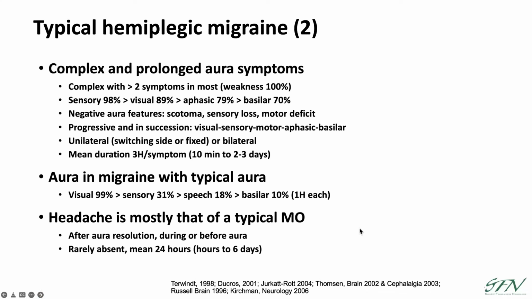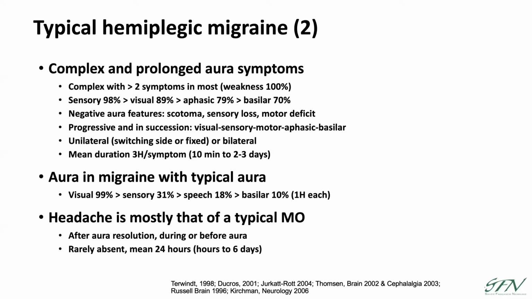The typical hemiplegic migraine aura is usually complex and prolonged. Complex because patients will have more than 2 symptoms, including weakness. So they have a motor weakness. The motor weakness can be mild, with only a difficulty, for example, to move the hand.